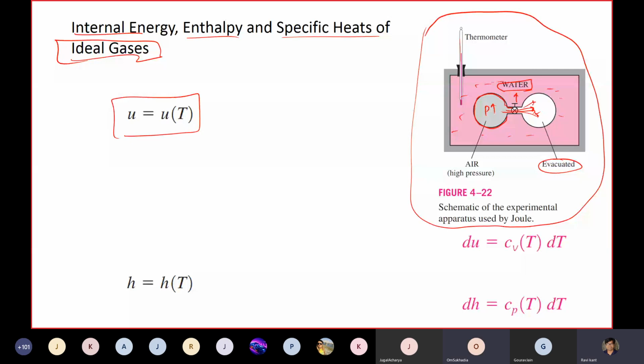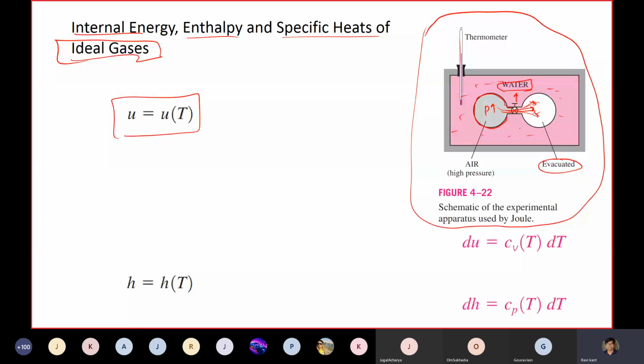The gas escapes. Pressure will decrease when the valve is open, but that is fine. What was the aim of the experiment?